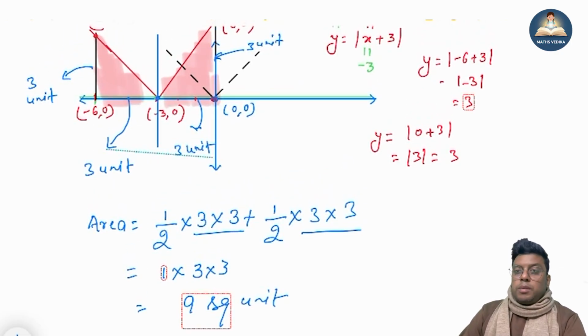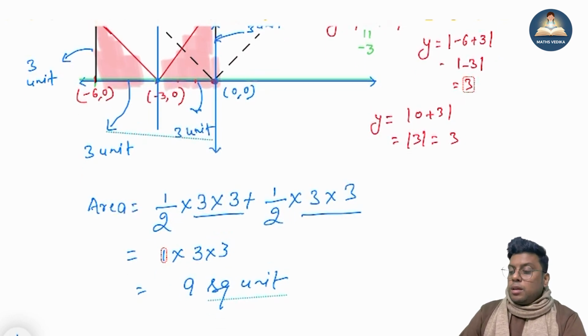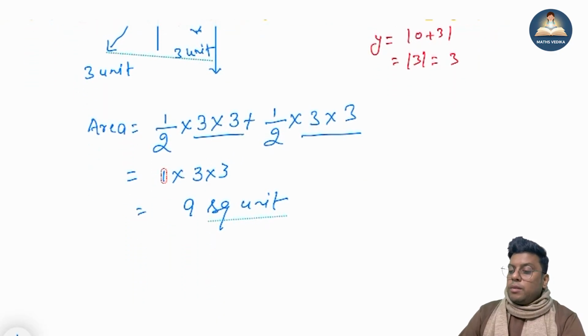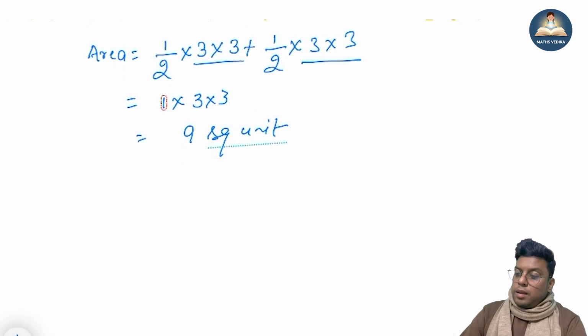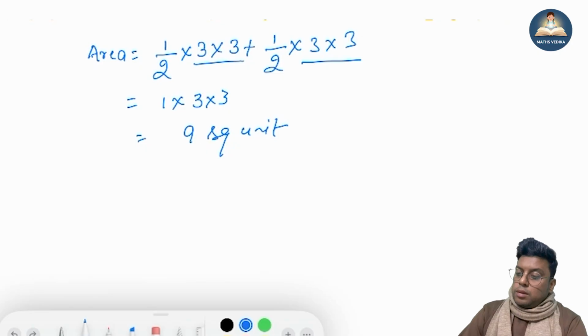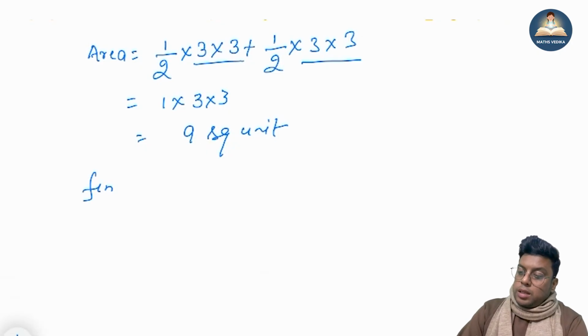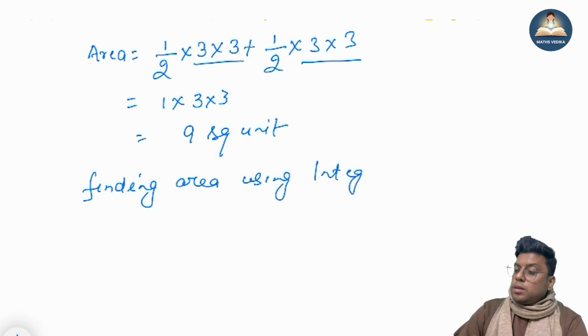This area is obtained by simply applying the formula we use to find the area of a right angle triangle in geometry. Now we'll find the area using integration.